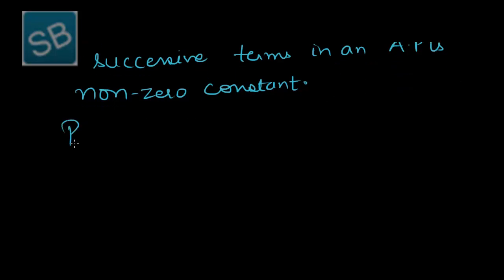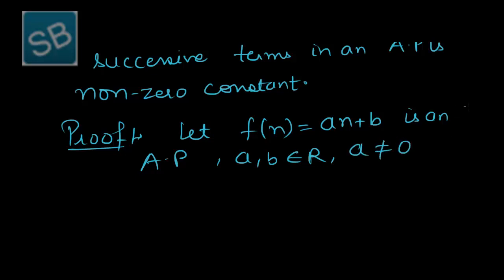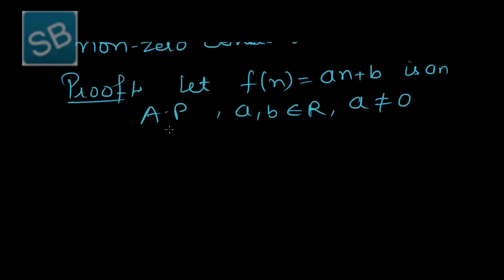Now the proof is: let f of n is equal to an plus b be an AP such that a, b belong to real numbers and a is not equal to 0, by definition of AP.